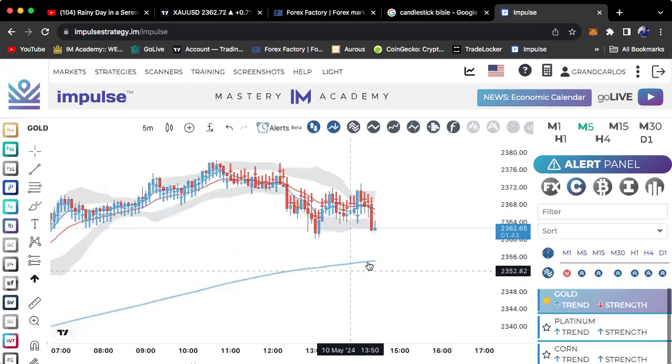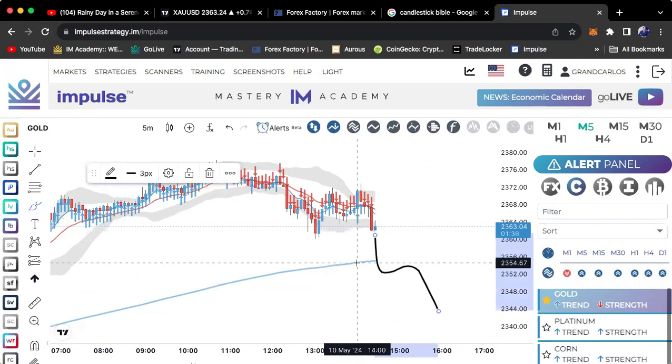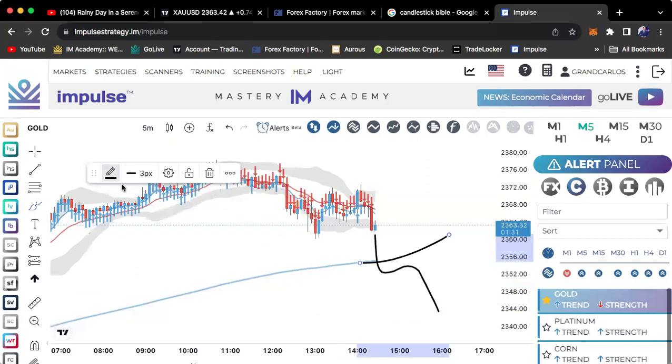Price breaks below this EMA, then I'm looking for sales. This blue EMA turns red, then it's sell mode.